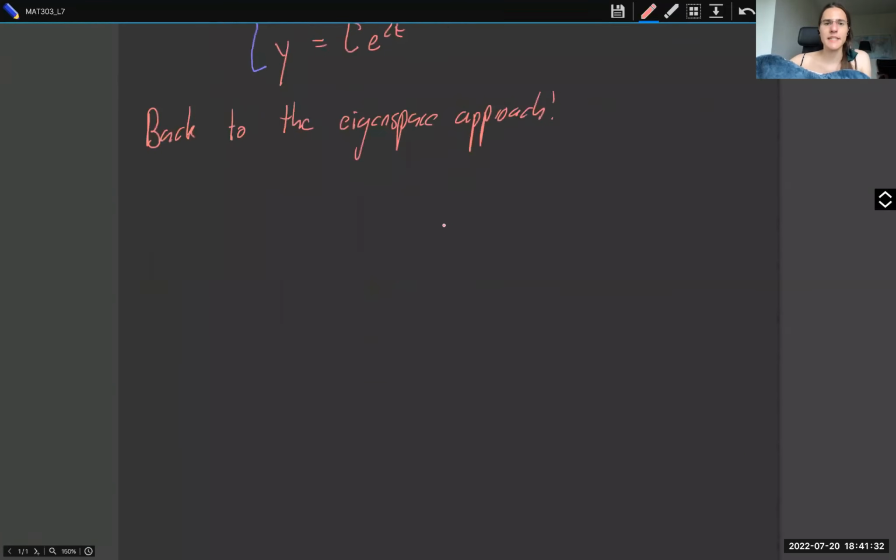And so with the eigenspace approach, basically what happens is this. Here's the deal, the crux of the issue.